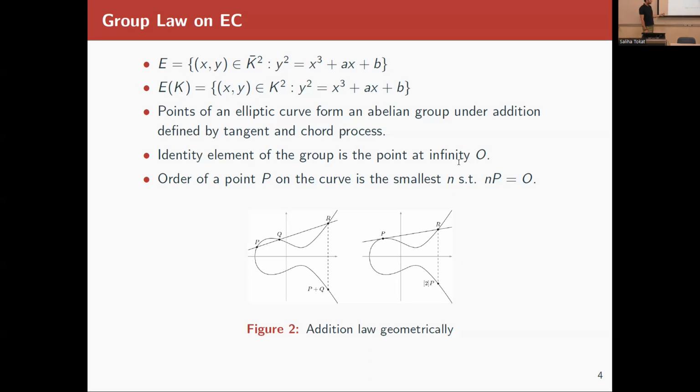The point we get will be P plus Q. If we want to add P to P, then we draw a tangent line at P. It will work, perfectly well defined. Also, the point at infinity is the identity, and the order of the points is as usual.